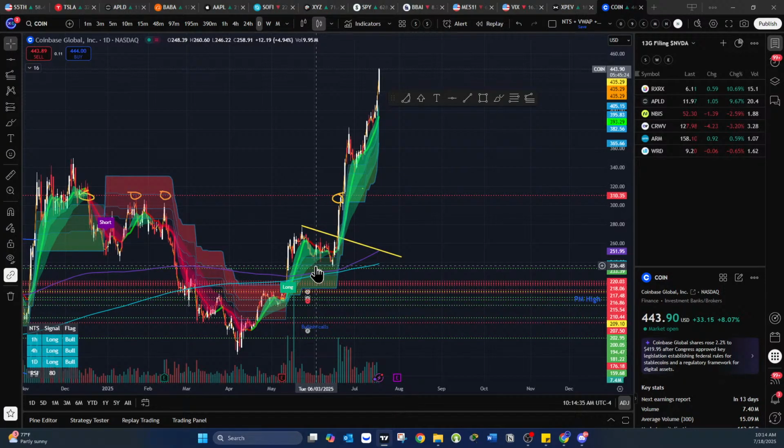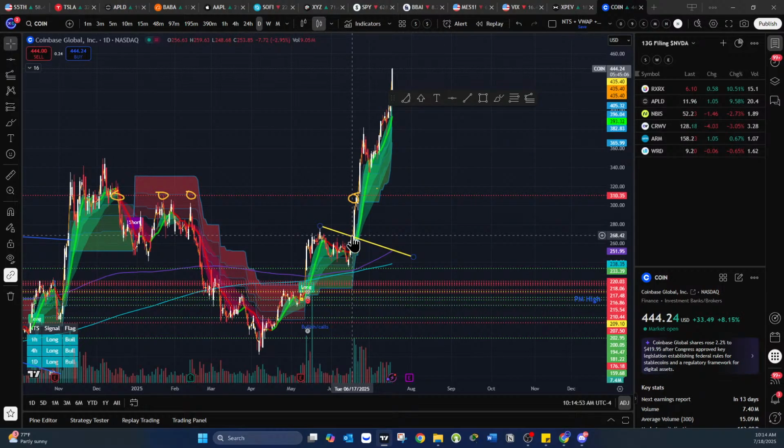Coin was 265 just literally a month ago. It's just insane. And today's breaking out. You're thinking of shorting this monster? Yeah, I just want to see it go to 440.